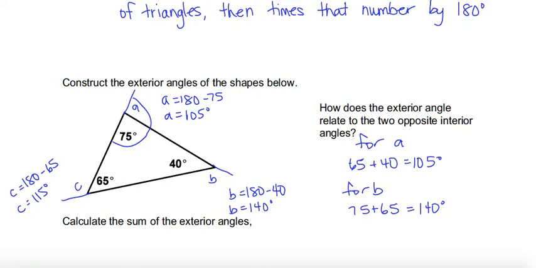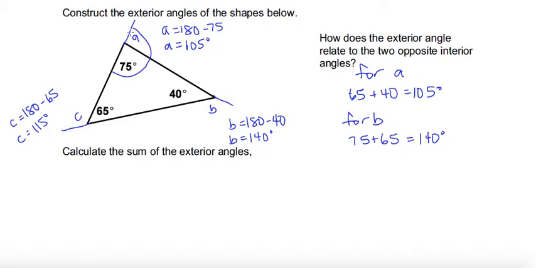And then what is the sum of my exterior angles? So if I take A and I add B and I add C, what am I going to get? So let's take 105, add 140, and add 115. If I add those in my calculator or use my mental math skills, I know that these will add up to 360 degrees.